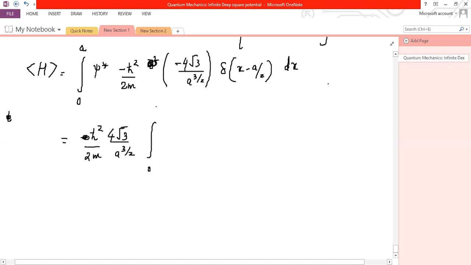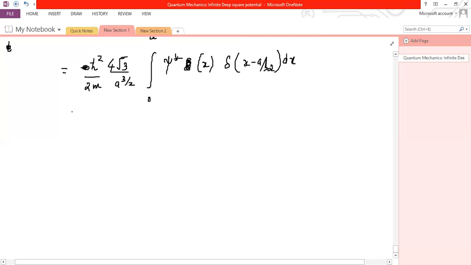Integration from 0 to a, you're getting psi star Dirac delta, and psi star as a function of x into Dirac delta function stationed at x equal to a by 2. Now from here it is quite clear, you'll get this 2 cancels 4. So you're going to get 2 root 3 h bar square upon m into a raised to power 3 by 2.